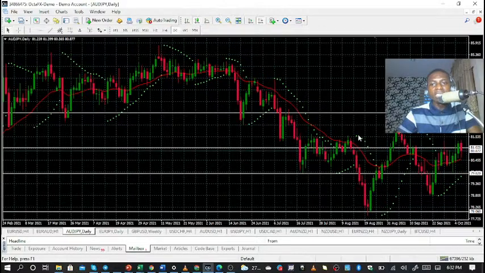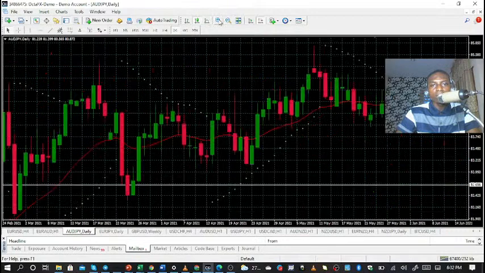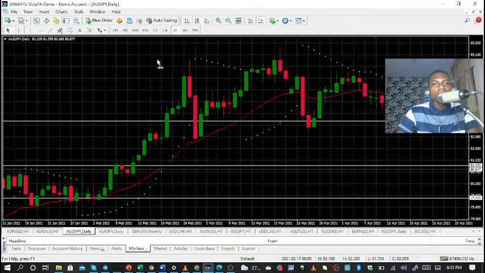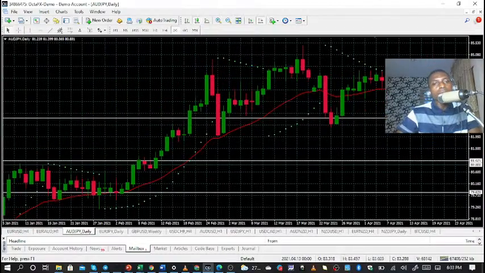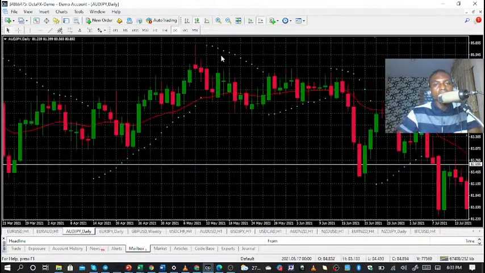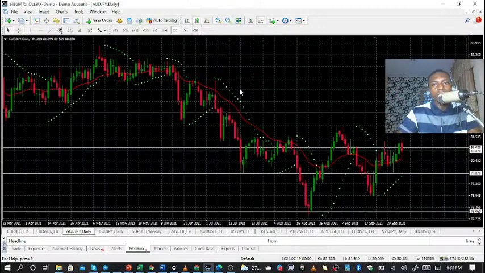So as you can see here, if the parabolic SAR appears above, let me use this as an example. Look at this place now. If the parabolic SAR appears above a candle, it shows the next move of the market.